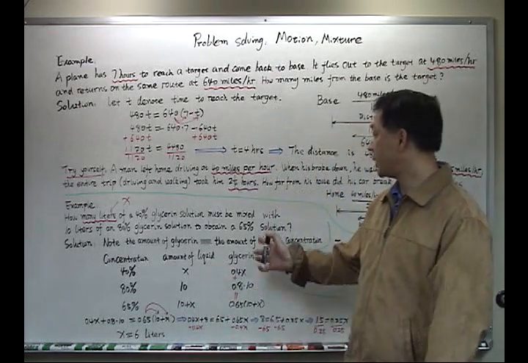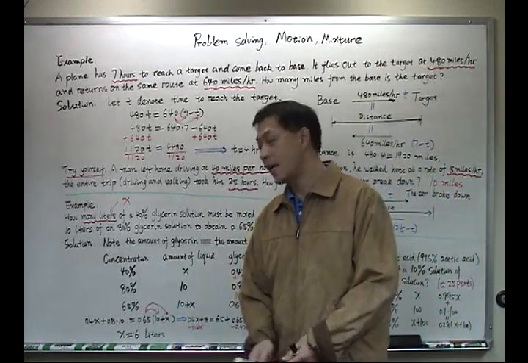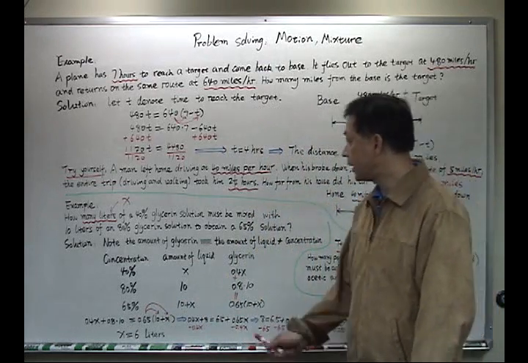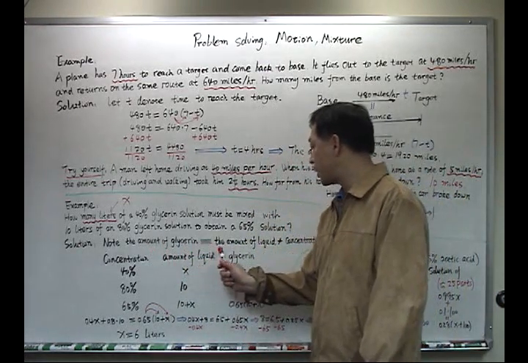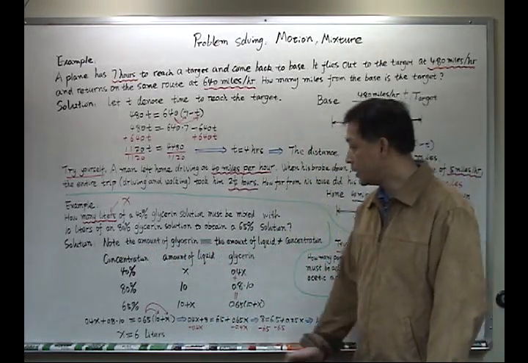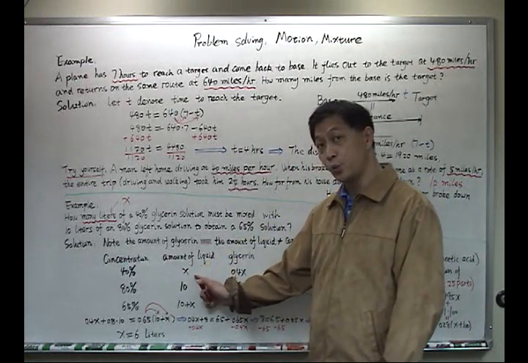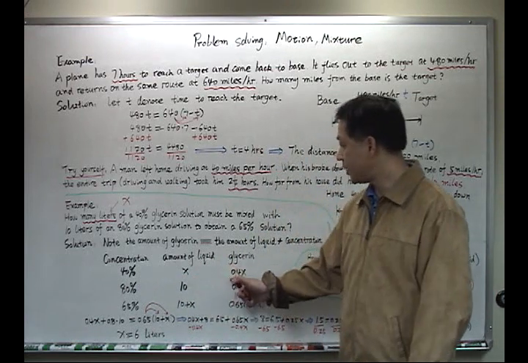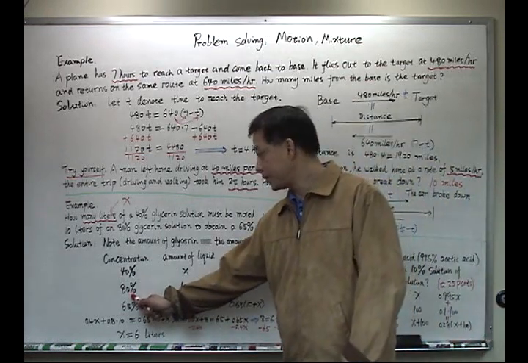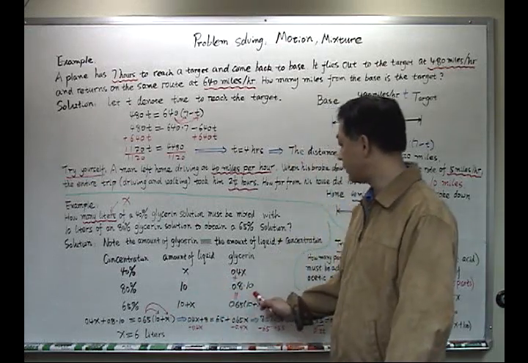And eventually the requirement for this solution is 65%. So we know the amount of glycerin equals the amount of liquid times concentration. Here, 40% glycerin times the amount of liquid, which we are going to find out, is the amount of glycerin. And 80% glycerin solution times 10 liters would be the amount of glycerin.